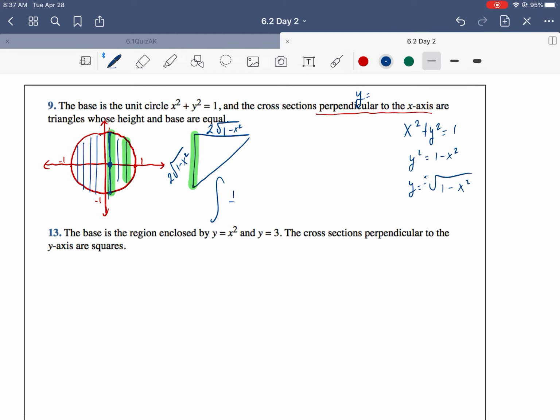Integral, area of a triangle is 1/2, 2 square root 1 minus x squared, squared, because they're the same. dx, x values or x numbers are in there. I go from left to right, -1 until 1.